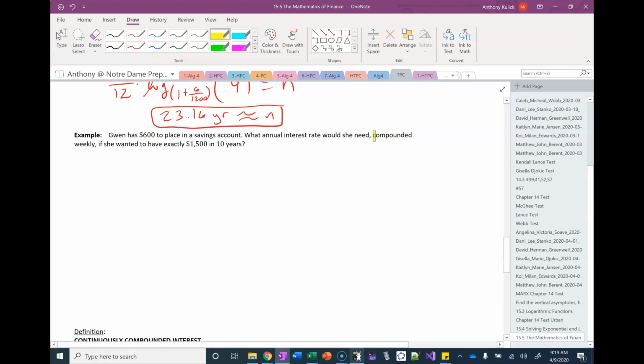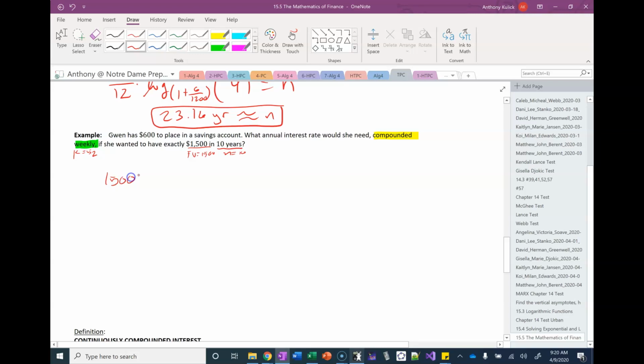So we know we're going to be using compound interest. And we know here that k is 52, if she wants to have exactly $1,500 in 10 years. So here I can say that n equals 10, and my future value is 1,500.